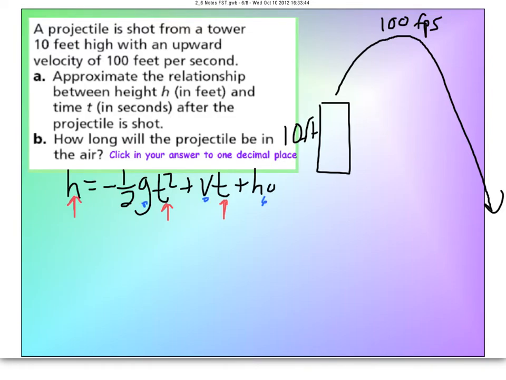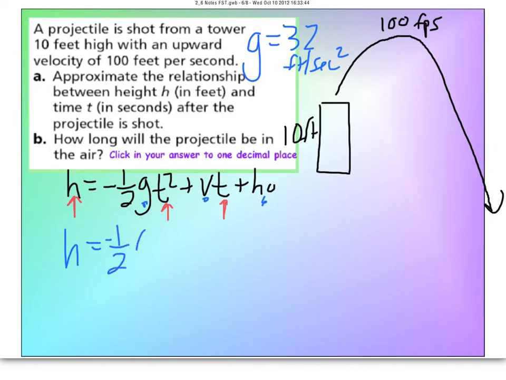We are talking about feet, so for the g value, we're going to be using the 32 feet per second squared. Okay, so if we fill it in, we don't know h, that's the ending height, but we have 1/2 of 32 t squared.